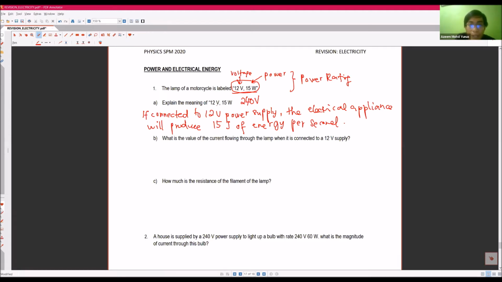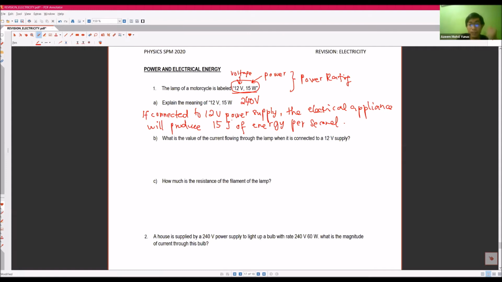And the 15 watt is the power, defined as energy per unit of time. The time is 1 second, so we restate it as 15 joule per 1 second. This question is very popular and simple, but not many students answer it well because they miss some points. Make sure you include all the important points to get the full mark.